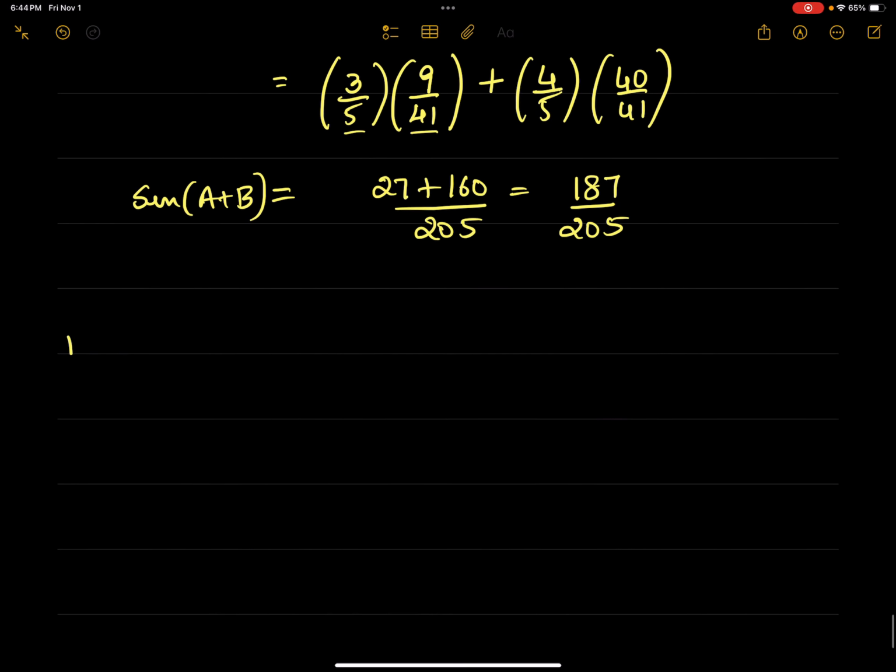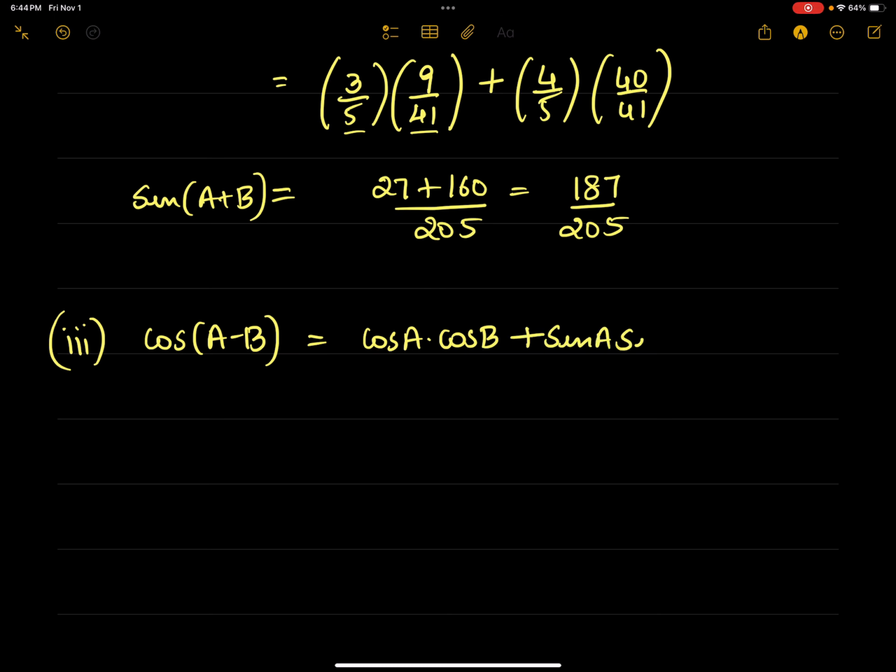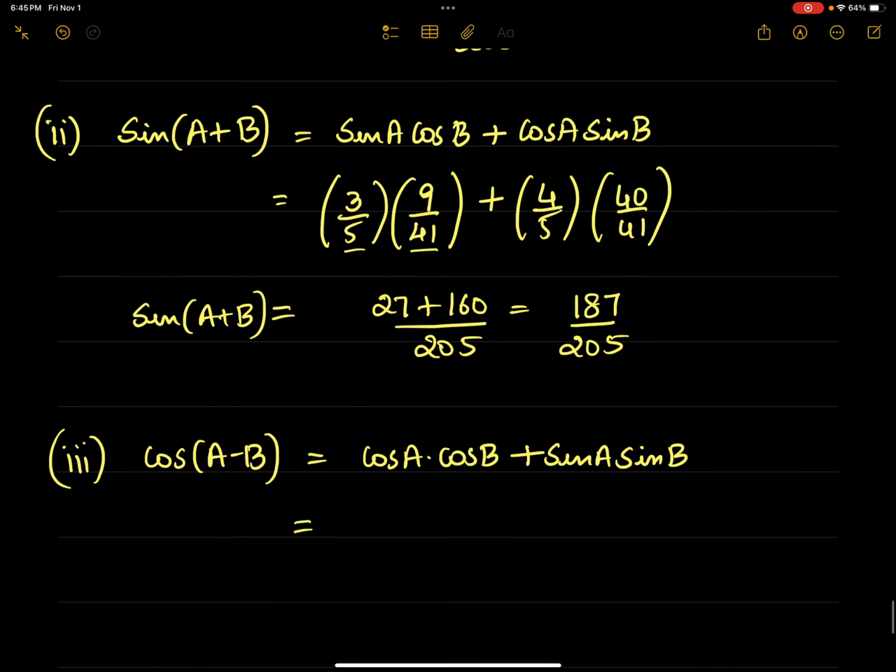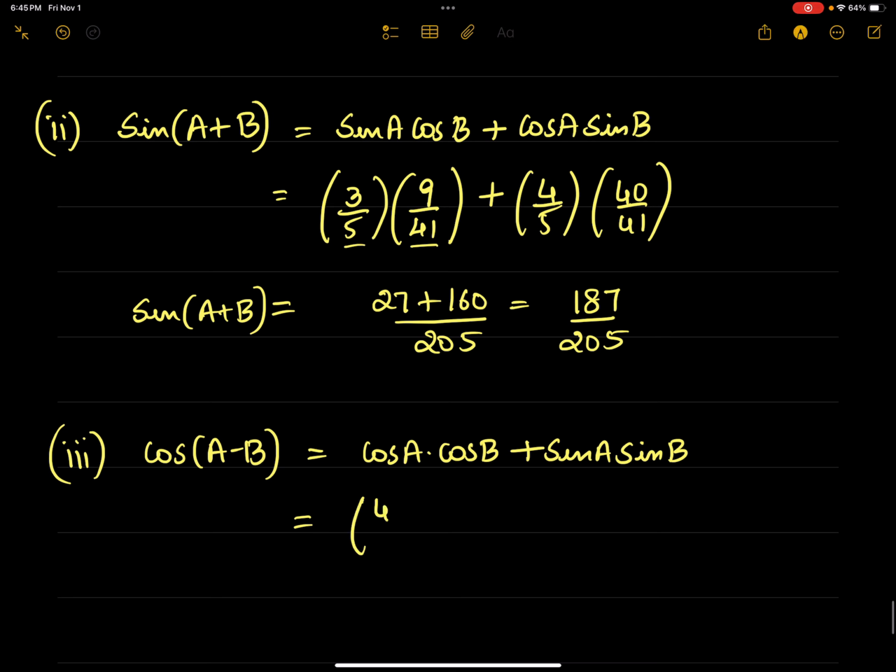Let's solve the third one now. We have to find the value of cos of A minus B. Let's write the formula. It is cos A cos B plus sin A sin B. So what is the value of cos A? Cos A is 4 by 5.